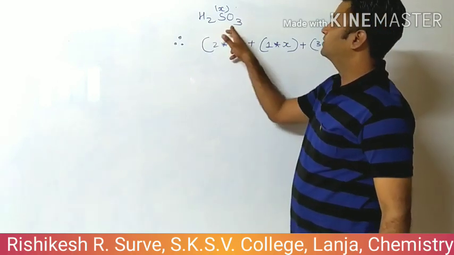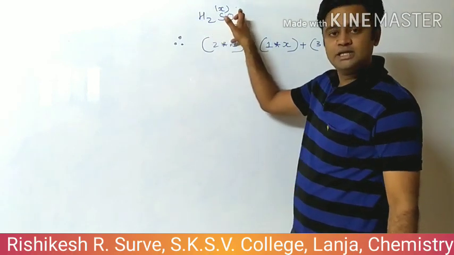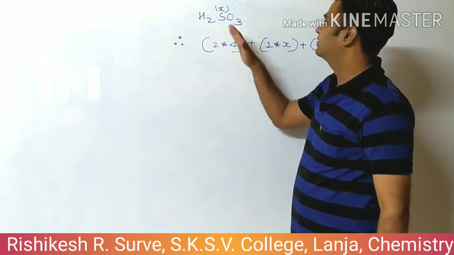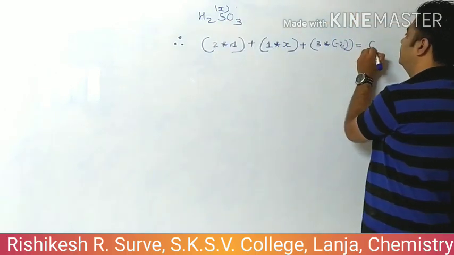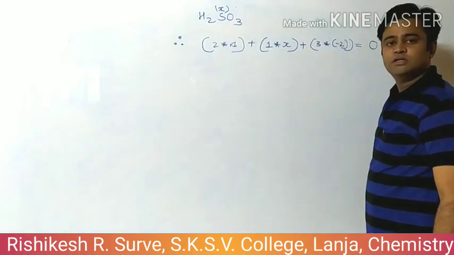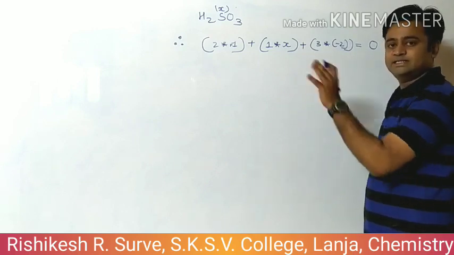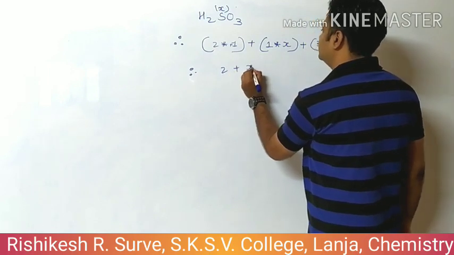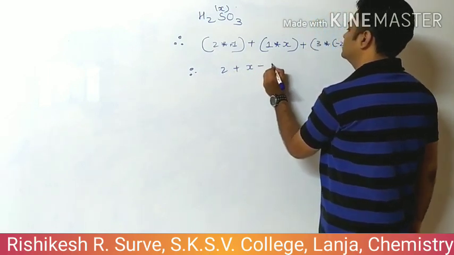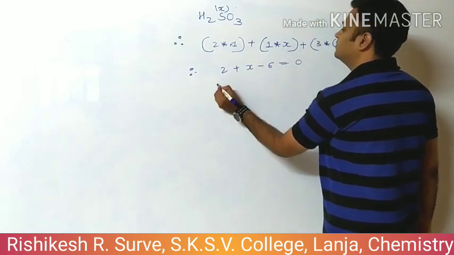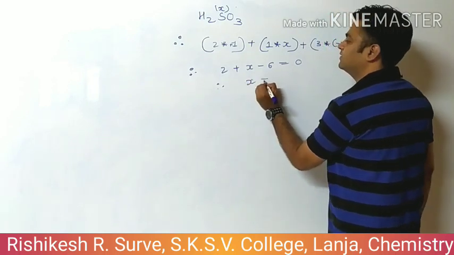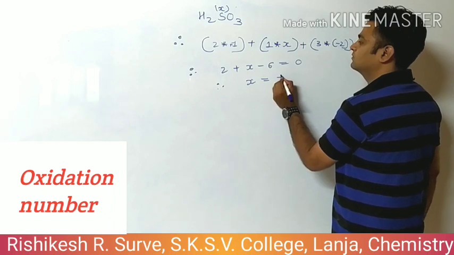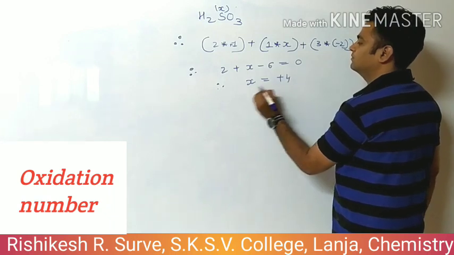And H2SO3, since there is no overall charge and it is a neutral molecule, therefore the total oxidation number of the species is 0. On solving this, 2 plus X minus 6 equals 0, therefore X equals +4.